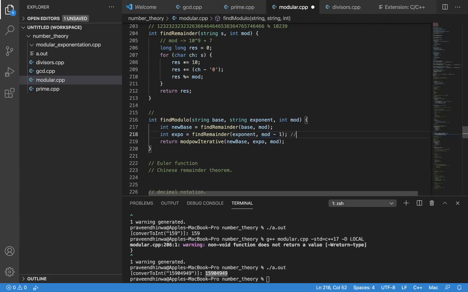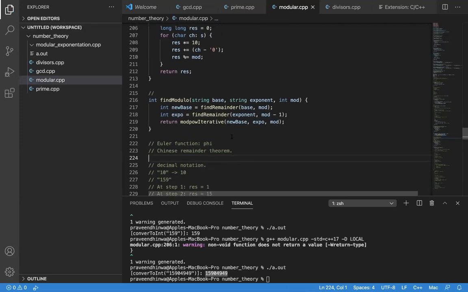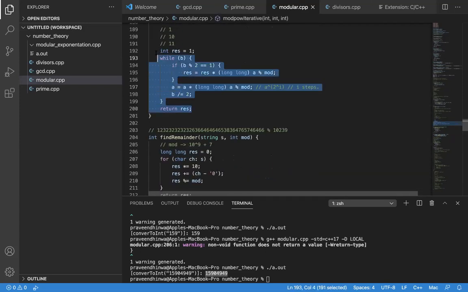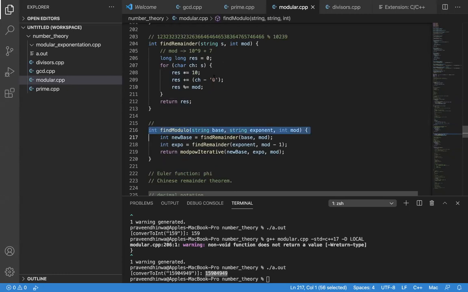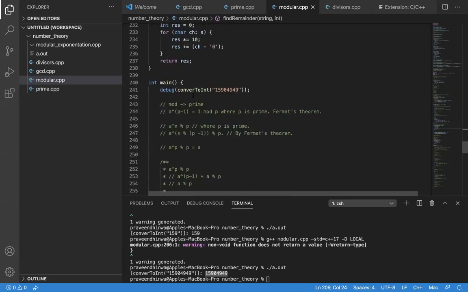In case mod is not prime, we will do phi of mod, where phi is the Euler phi function, and then we will do some tricks. Those are generally not asked in interviews. But at least this binary idea, they can ask questions which use these ideas directly. Knowing Fermat's theorem is really easy, and it could be helpful as well.